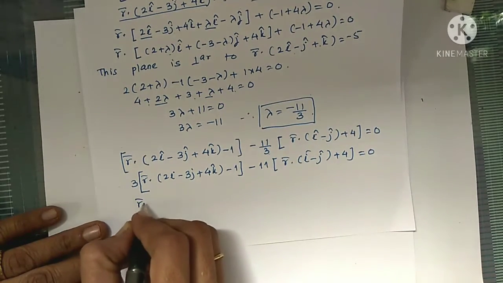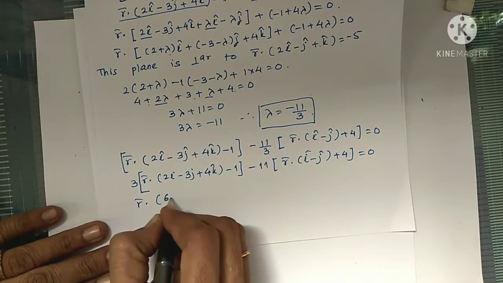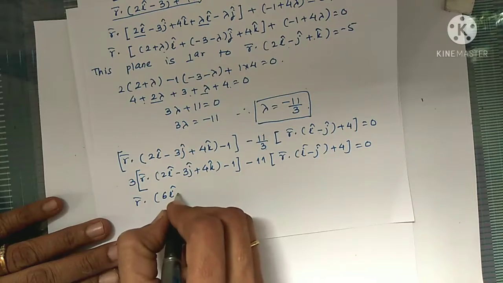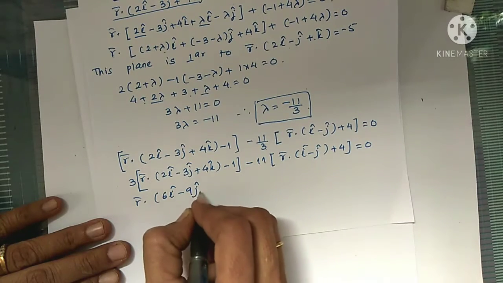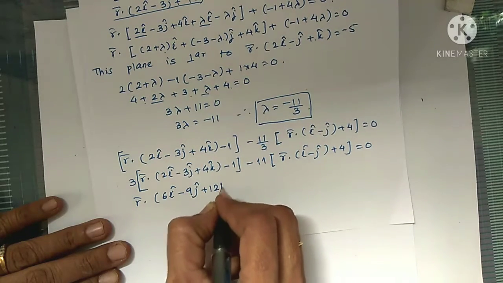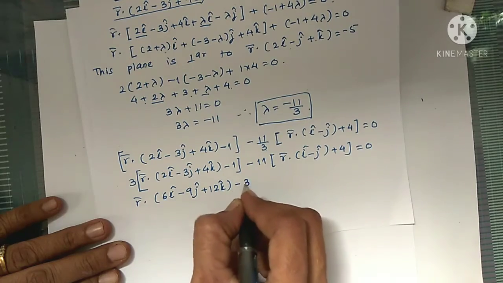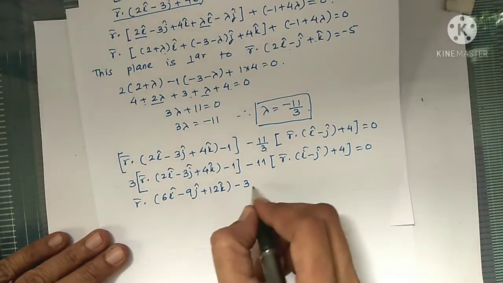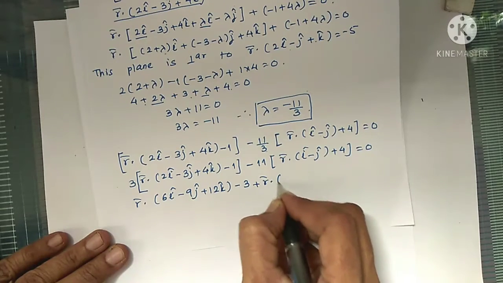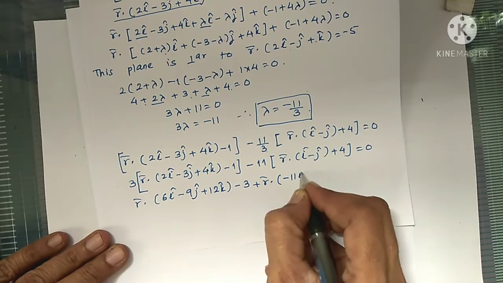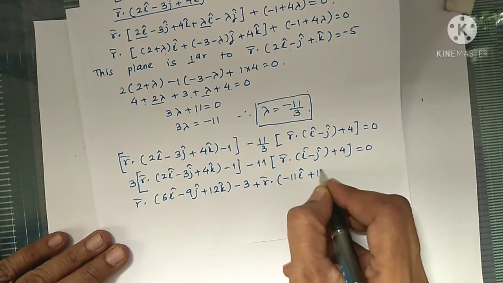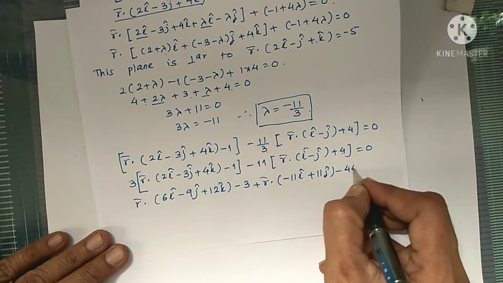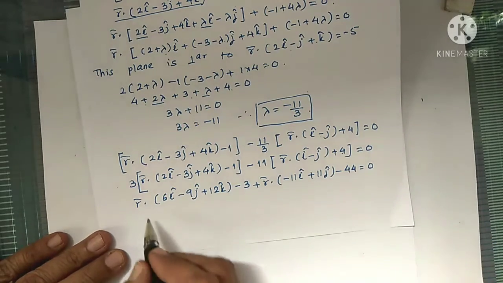So now, multiplying by 3 we have 6 i cap. Here we have 3 into minus 3, minus 9 j cap. 3 into 4, 12 k cap, minus 3. Okay. Now let's multiply these terms by minus 11. So r bar dot, multiplying by minus 11: minus 11i, minus minus, plus 11j, and minus 11 into 4 is minus 44.